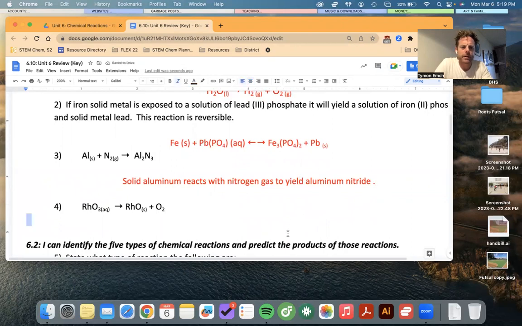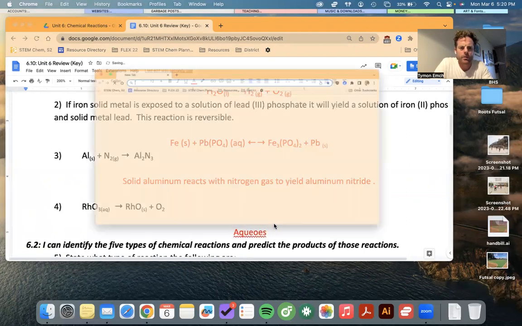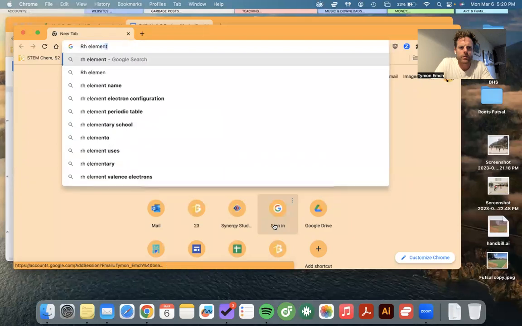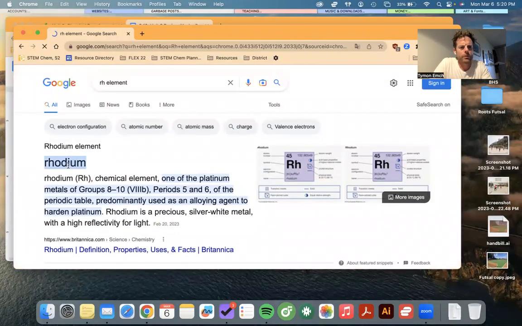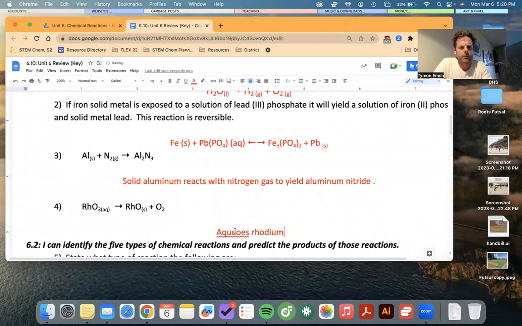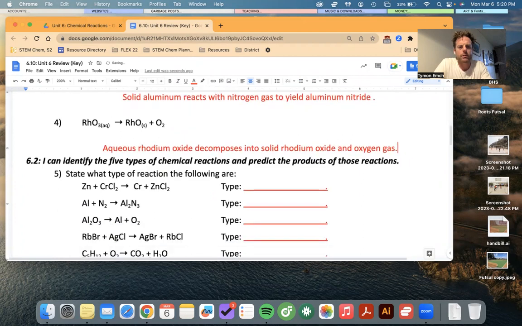This right here would be aqueous rhodium, aqueous rhodium oxide decomposes into rhodium oxide, and it's solid, and oxygen gas. Cool, cool.